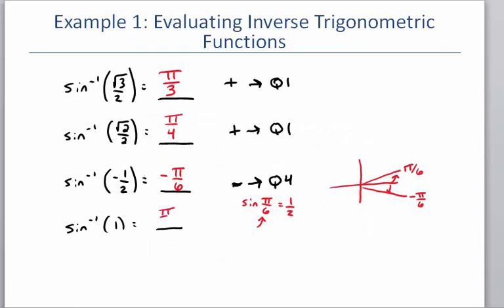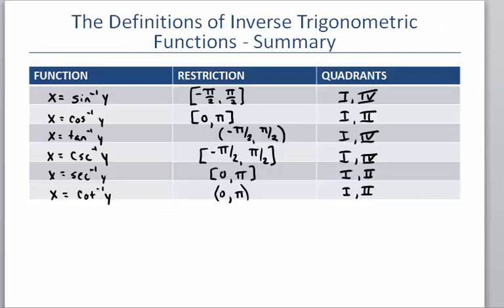And pi over 2 is not exactly in quadrant 1 or in quadrant 4, but remember that our restriction allows that because it has the bracket on those values. So those are included even though they lie on the x and y axis.